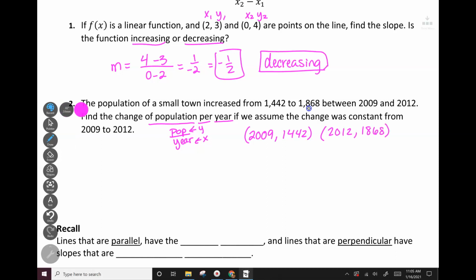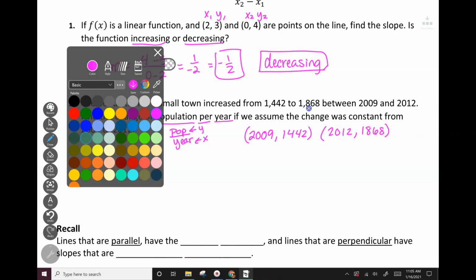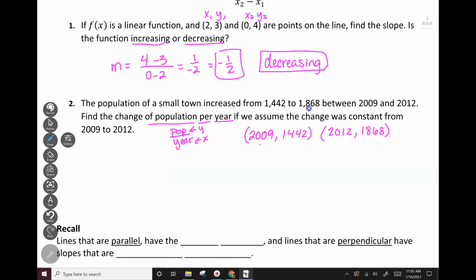And then from there, we can say this is x1, y1, x2, y2, and plug it into the slope formula. Because we are looking for, let's see what they say, find the change. So that's going to be the rate of change, which is the slope.